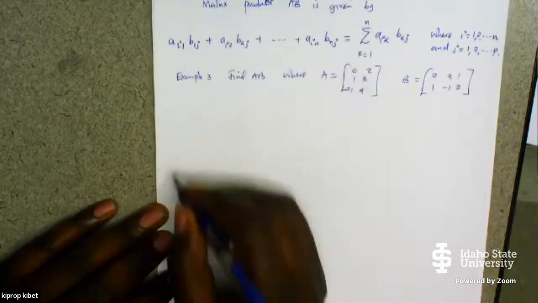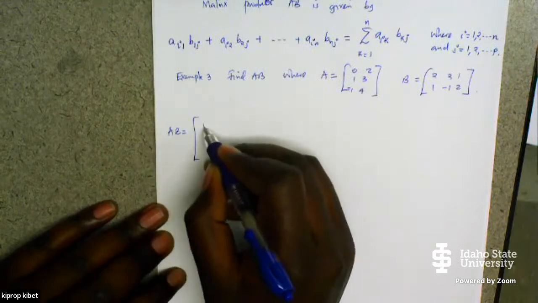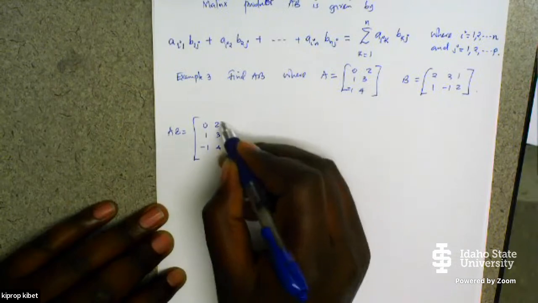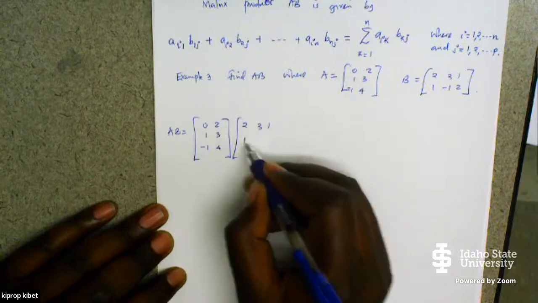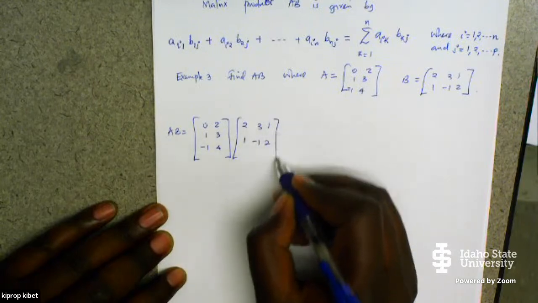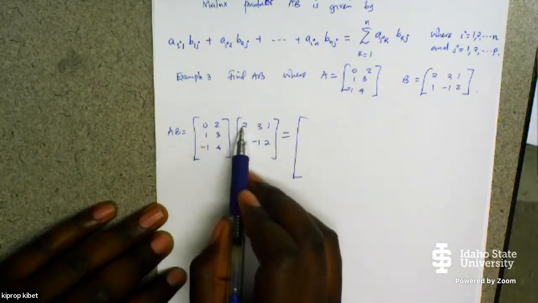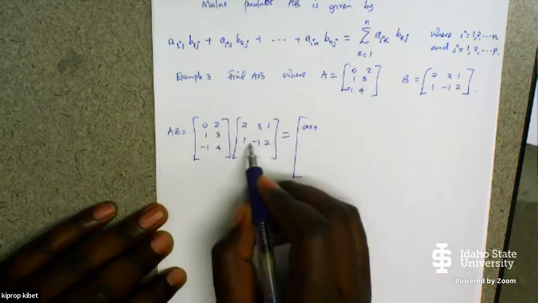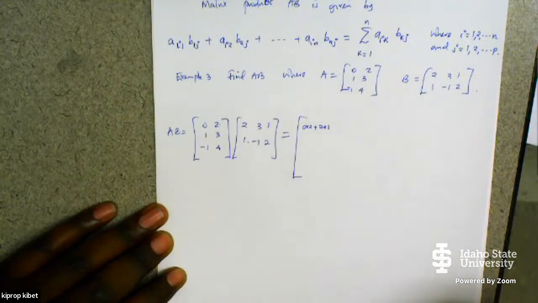So if we want to multiply this, AB is [0, 2; 1, 3; -1, 4] multiplied by [2, 3, 1; 1, -1, 2]. This is the same as 0 multiplied by 2 plus 2 multiplied by 1. That is the first entry.